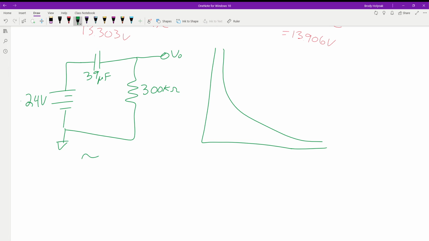We want to know what my voltage is at a specific time. So what is tau, and what is the voltage of the capacitor at, let's see, 45.63 seconds? Okay, so those are the two questions. What is my tau, and what's my voltage at this specific time? Okay, so tau, remember, is R times C. So 39 micro times 300 kiloohms.